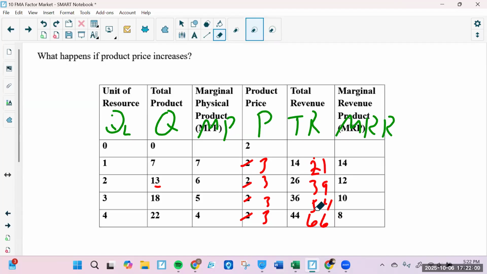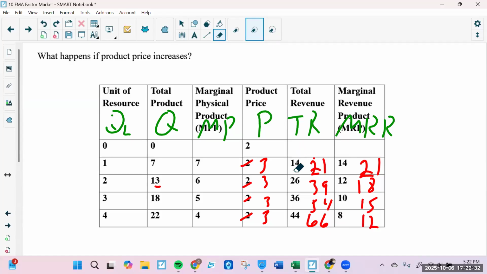But that's not what we're worried about. We're worried about this one over here, right? So MRP, there's two different ways of calculating it. The easiest way, since the price is the same, perfect competition, we can just do marginal product times price. So this becomes 21, which is what I did a minute ago, 18, 15, and 12, right?